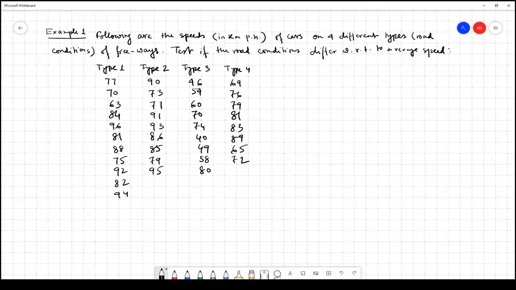For solving this question, first we start with the model.